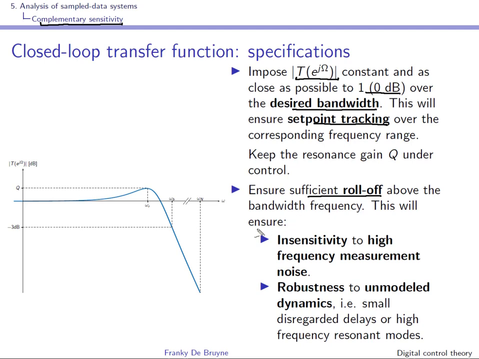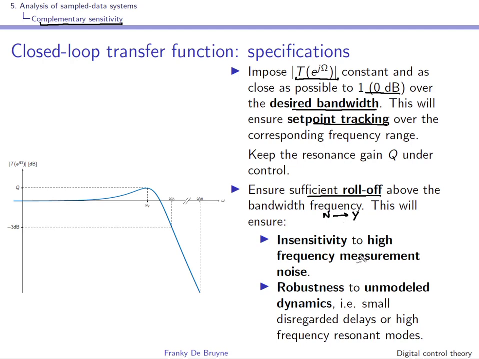The first reason we want this roll-off is that we want to be insensitive to high frequency measurement noise. Remember that the transfer function that links the input measurement noise to the output Y is also the complementary sensitivity function, although there is a minus sign.